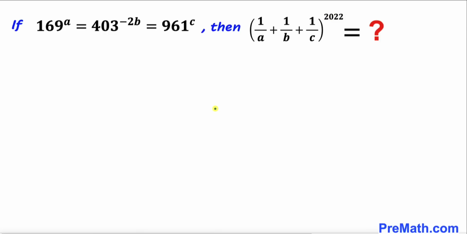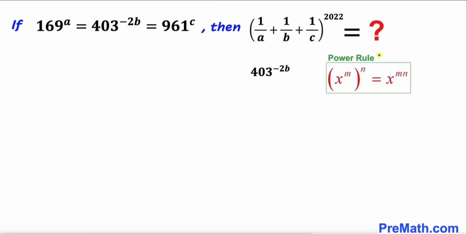So let's go ahead and get started with the solution. Before we proceed, let's manipulate this part, 403 power negative 2b. Let's recall the power rule of exponents. This could be written as 403 whole power 2 and then whole power negative b.